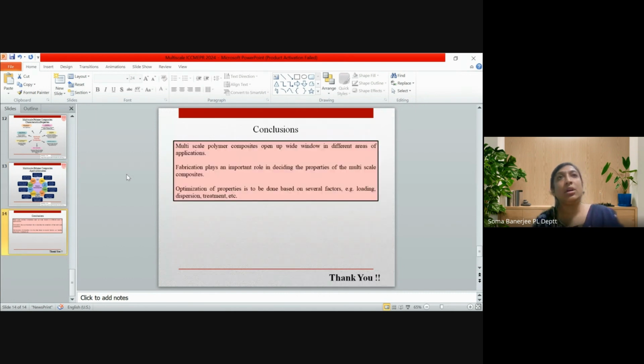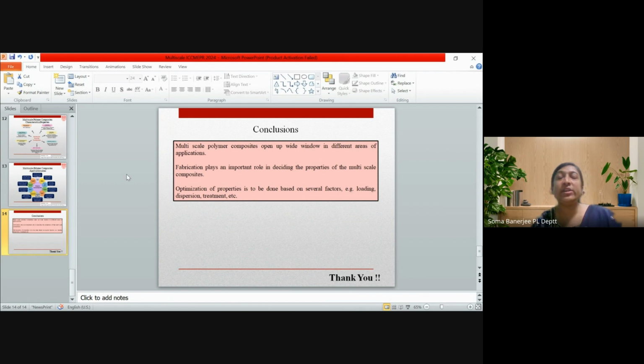So in conclusion, multiscale polymer composites have opened up a new era for the development of new generation polymer composites, because the fabrication definitely plays an important role, because of the dispersion efficiency and the interfacial bonding improvement, etc. If we can optimize all the factors I have discussed, like the loading, the treatment, and the dispersion, then we can optimize the property and utilize the benefit of both reinforcements, in the micron scale and also in the nano scale.